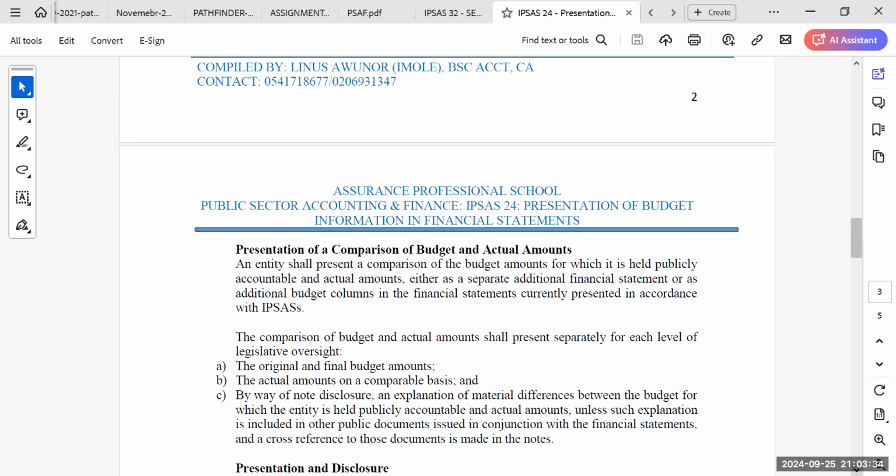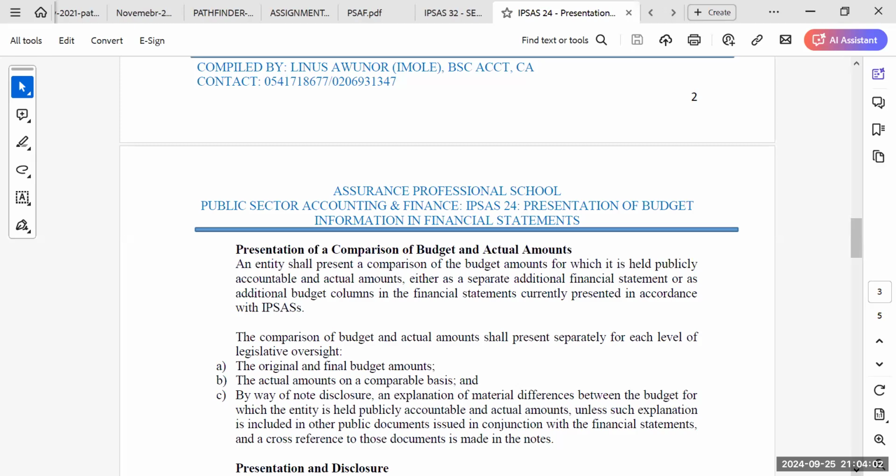So the budgeted statement, you prepare it. You take the figures that you have taken to profit or loss. Those are the actual amounts. The adjustment that you have done for those figures, those are the actual amounts, and they will give you the budget amount. You will get the actual amount for all those items, then you get the annual budget amount, and you compare the two and prepare a budget statement.